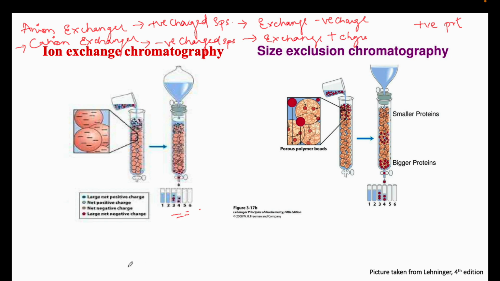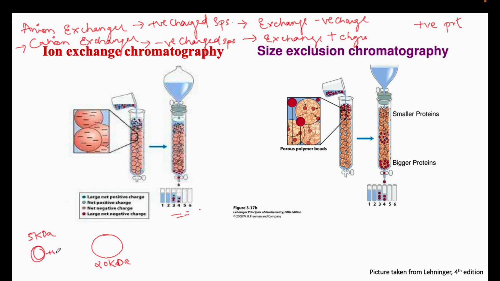Okay, so irrespective of size of a protein, so if I have a small protein of suppose 5 kilodalton, and I have a huge protein of 20 kilodalton, right? Irrespective of the size of the protein, in ion exchange chromatography, it will elute.